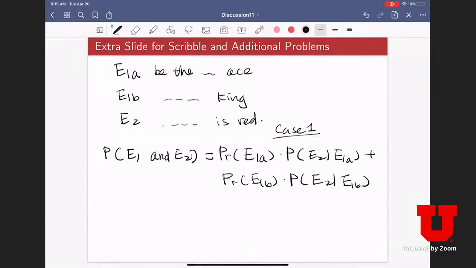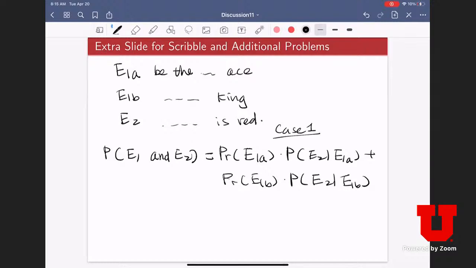Let me see. All right, so let's consider all the possible combinations.